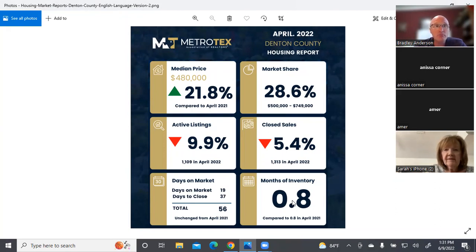So for those of you that don't know what that means, or if that's good or bad, that's horrible. A balanced inventory is 6 months. Now, we haven't seen 6 months in 2 decades. I would be happy with 3 or 4. Okay, that means that it's taking about 3 or 4 months for homes to sell, homes to close, all right, active to closed.